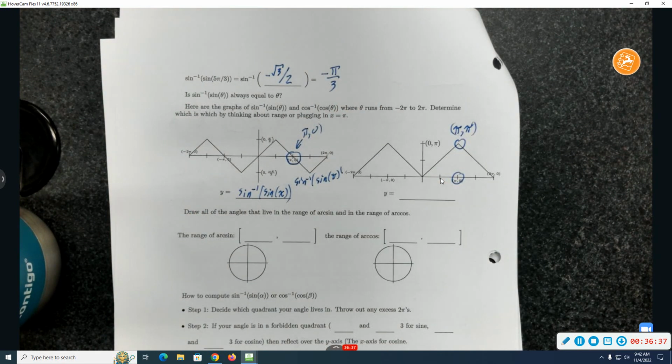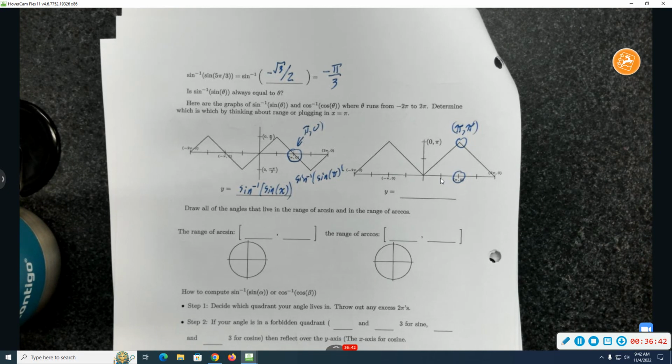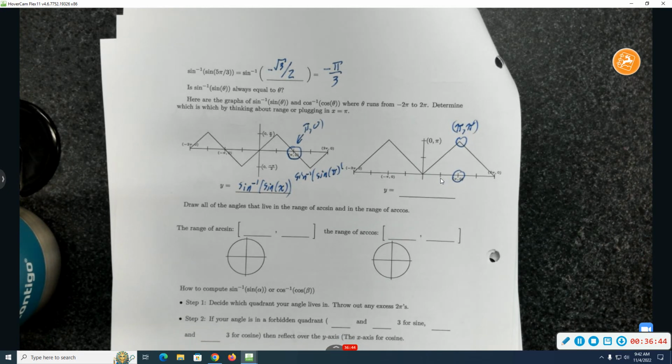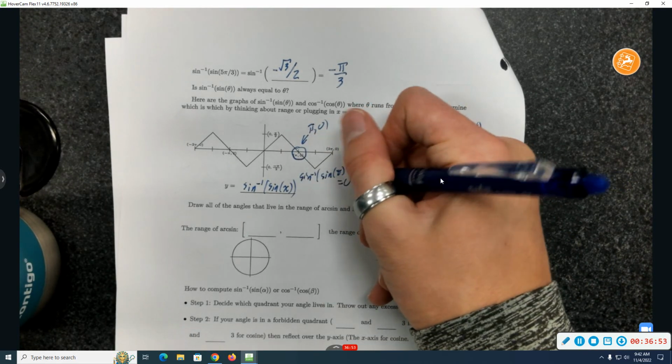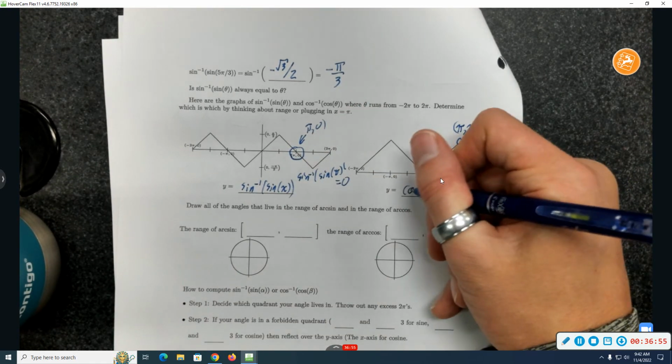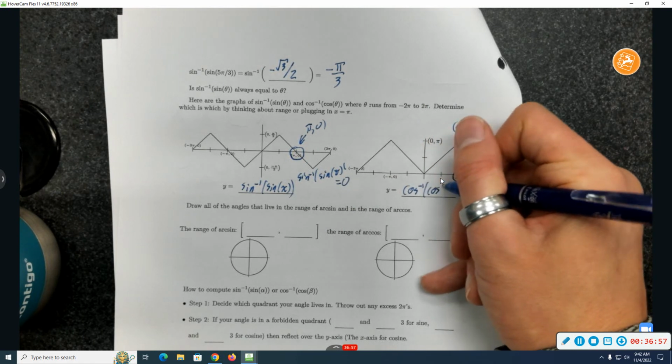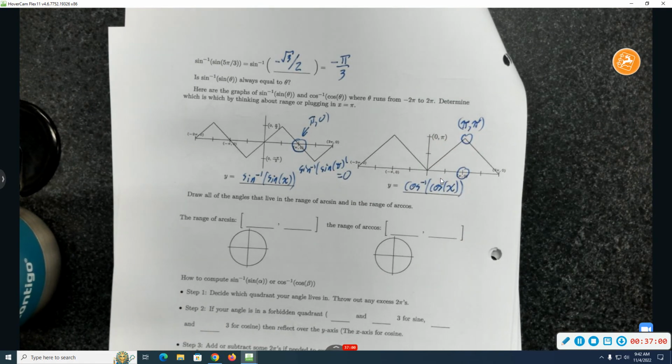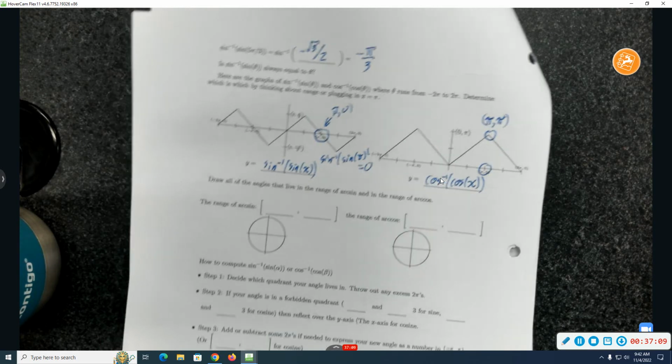What's the sine of pi? What's the inverse sine of 0? What's the best angle that has sine equal to 0? 0. So that checks out. I guess this one must then be inverse cosine of the cosine of x. That feel pretty okay? And those are just neat sawtooth graphs to know what they are. Groovy.